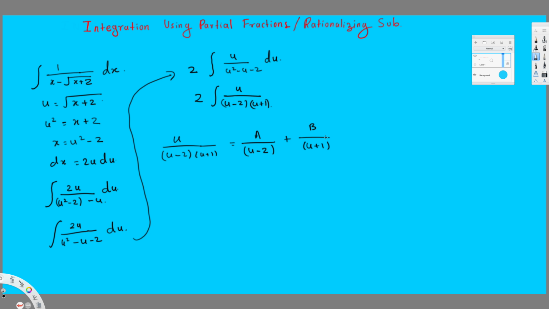So we have A and B, and then we try to get rid of the denominator, so we can multiply the whole thing on both sides. I use a different color.